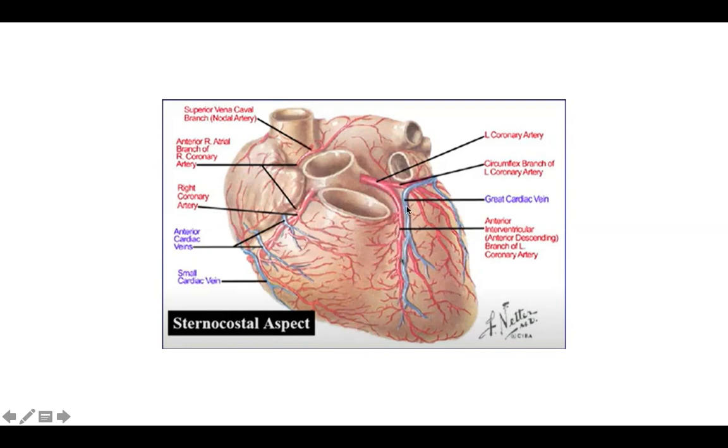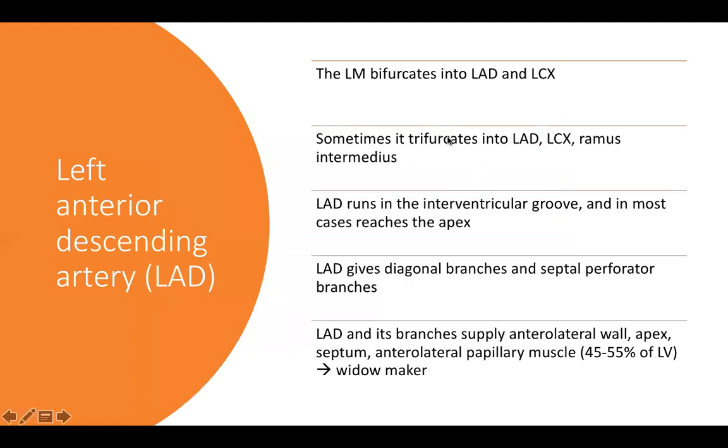As the LAD moves in the interventricular groove, it gives two types of branches. It gives diagonal branches that supply the lateral wall of the left ventricle, and septal perforators that perforate through the septum it is moving over and supply the septum.